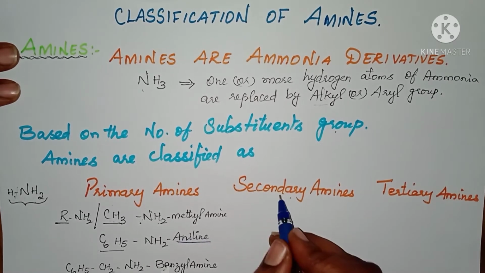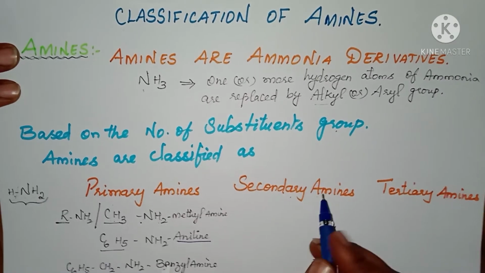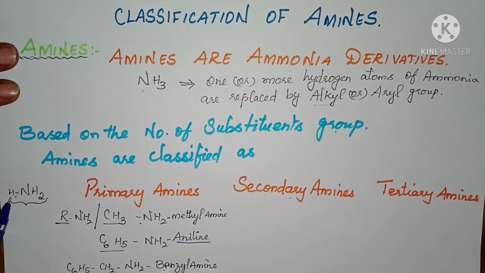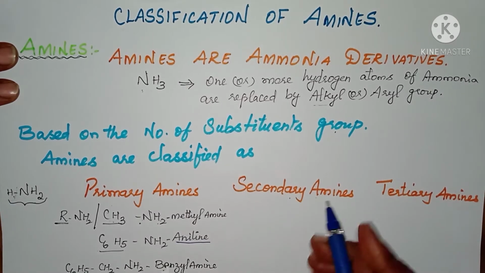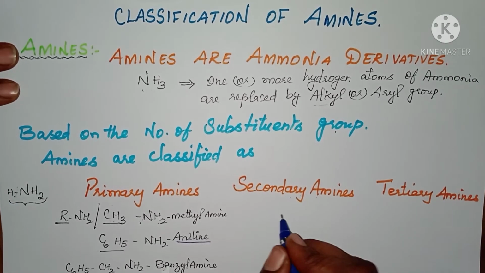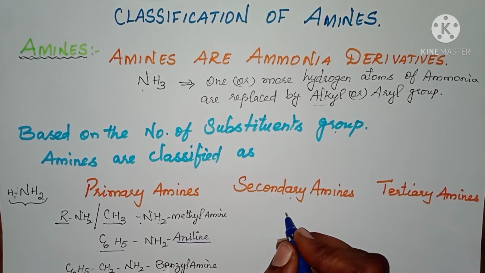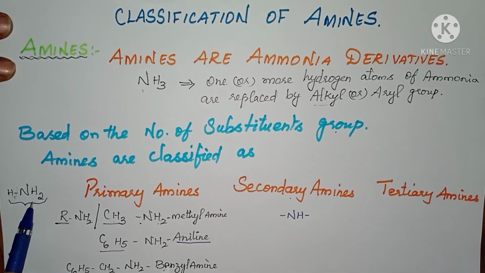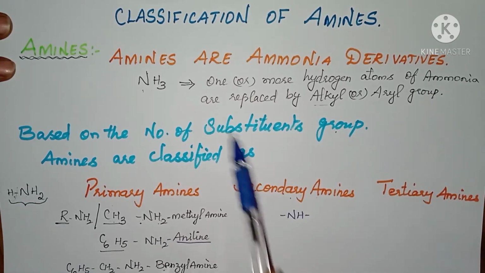Now we are going to see the secondary amine. As I told, in primary amine only one hydrogen is replaced. That means in secondary amine, naturally 2 hydrogens will be replaced. That is called secondary amine. See here, ammonia, what is the formula?